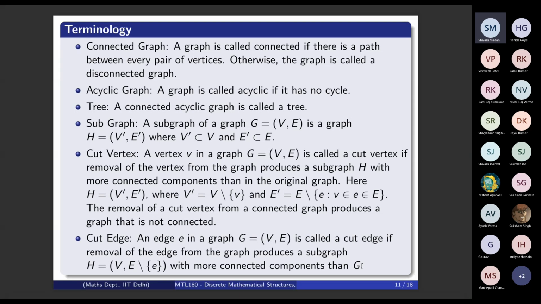No, I think exactly one. Anyway, you can just say more connected components than G. So connected components will be increased by one only in that case. Okay, so this cut vertex and cut edge, we will use these terms in the next lecture.